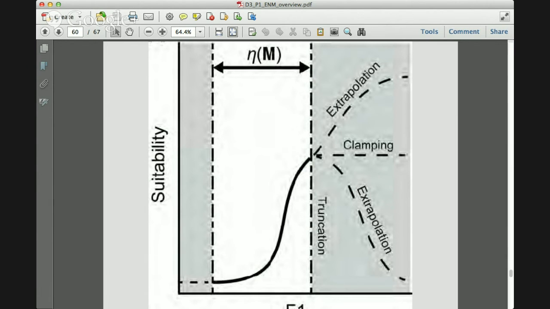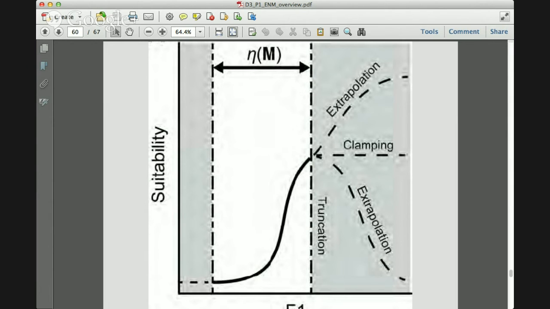Lower values to the left and higher values to the right are literally invisible to us. So what we don't know is our species response outside of the M area.